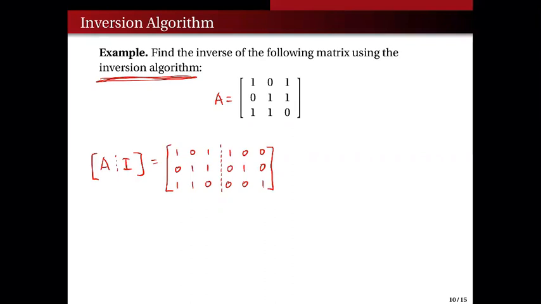So your goal is to convert this side here to the identity. And this will follow suit, of course. This will be some other matrix. Once you have converted this side to the identity matrix by applying elementary row operations, the matrix on this side will be A inverse.